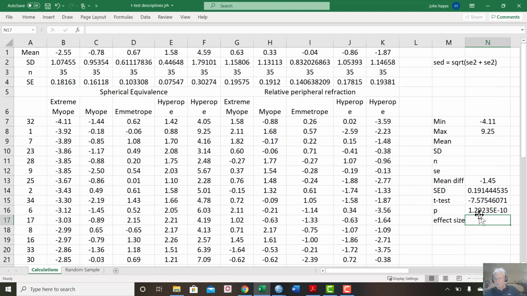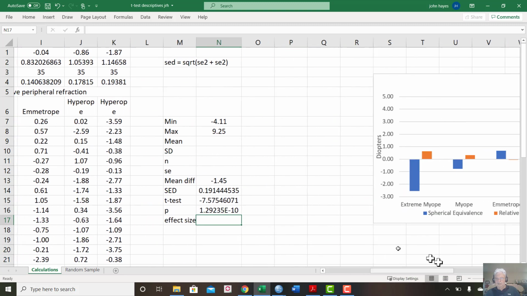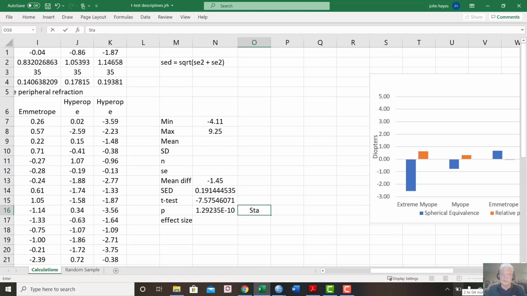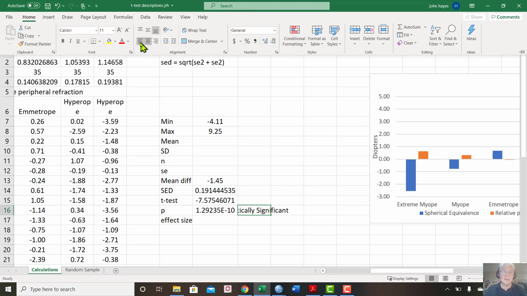And this is 0.000000000012. That's the p-value. Tiny, tiny p-value. So we say this is statistically significant. I'm going to come up here, go to my little home, and make that left justified.